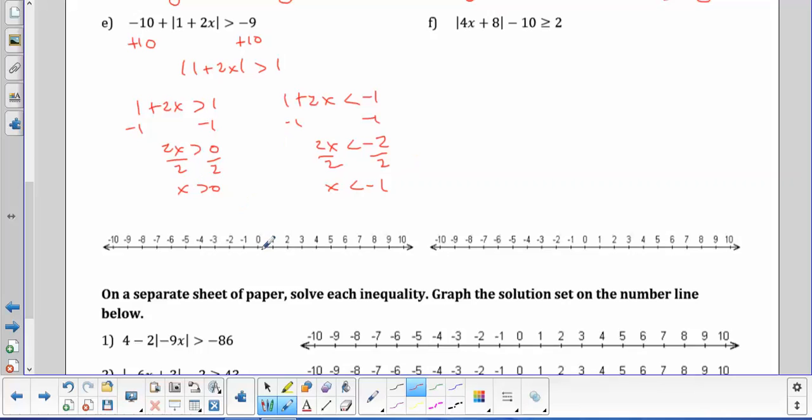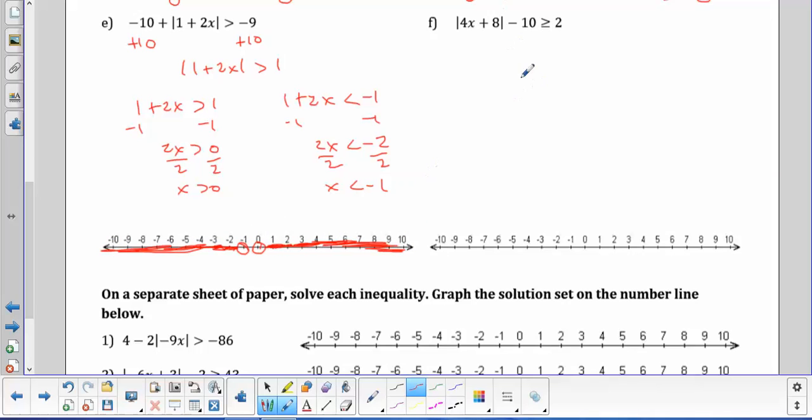So we have greater than 0, open circle, greater than, less than negative 1, open circle, real close. Alright, so as you can see, these are going to go in the opposite directions. So there we go. Everything between 0 and negative 1, including those values, doesn't work. Everything to the right and to the left will.